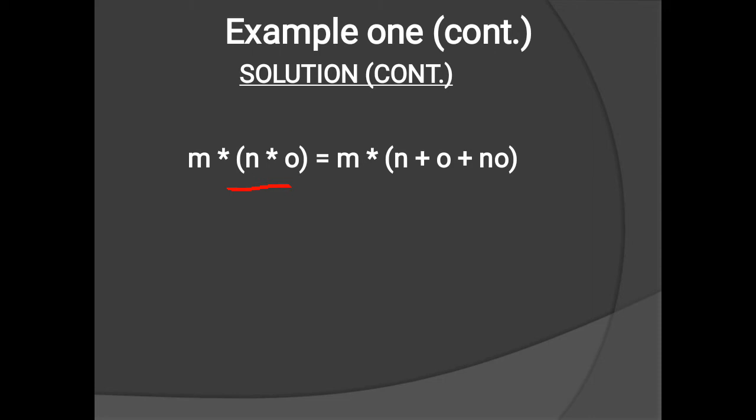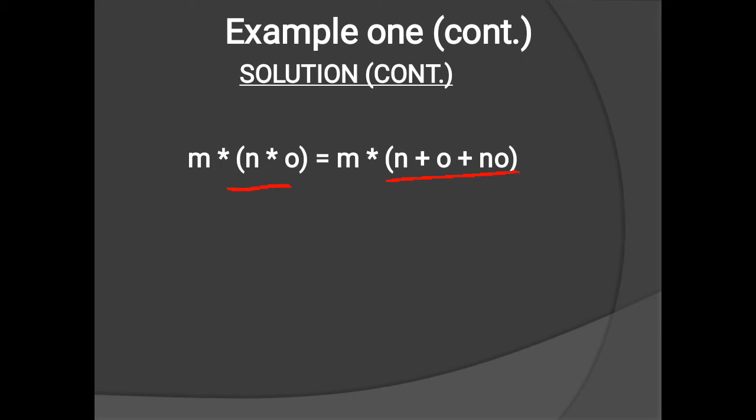All right, so we are solving the one in the parentheses first. So first one, which is n, plus second one, which is o, plus first one, which is n, times second one, which is o. All right, so now if you look at what is in the parentheses, we can simplify further.